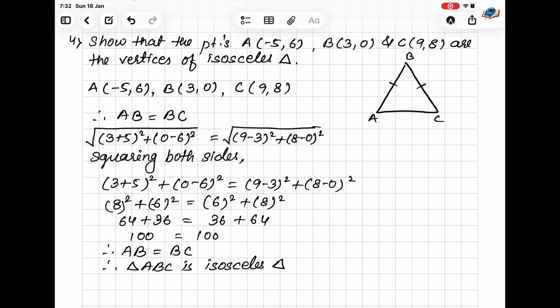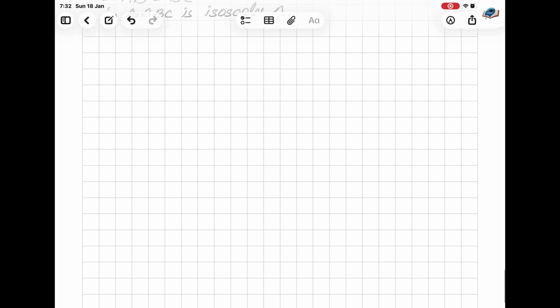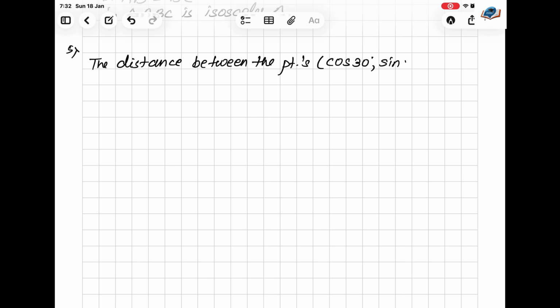Now the next question, the fifth question says the distance between the points (cos 30 degree, sin 30 degree) and (cos 60 degree, minus sin 60 degree) is.